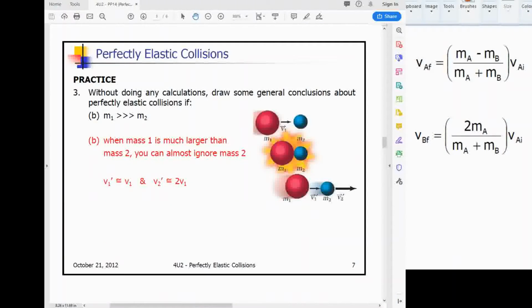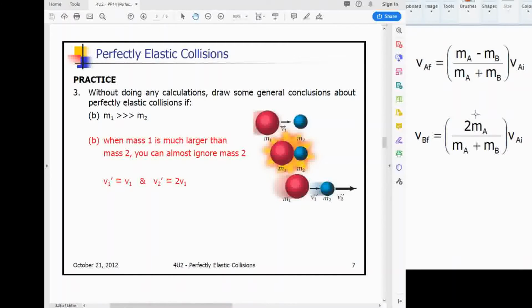Another situation they asked us to look at is if M1 is much, much greater than M2. In that case, if MA was in the order of 1,000 and MB was in the order of 100 grams or even 10 grams, the difference between these values would be very small, and the sum of them would be very similar to MA. So the initial velocity VAI would be similar to the final velocity VAF.